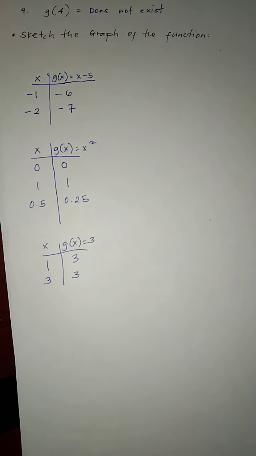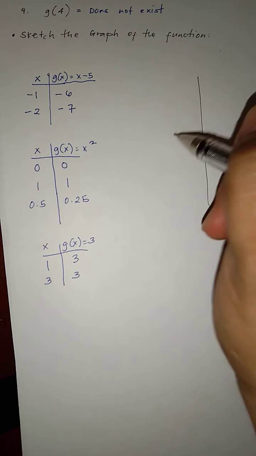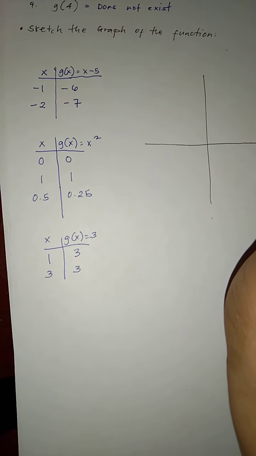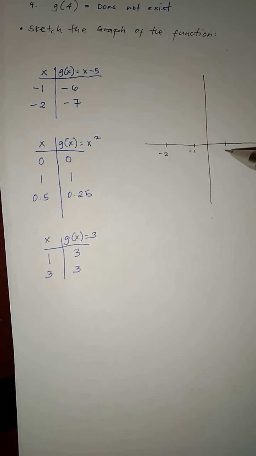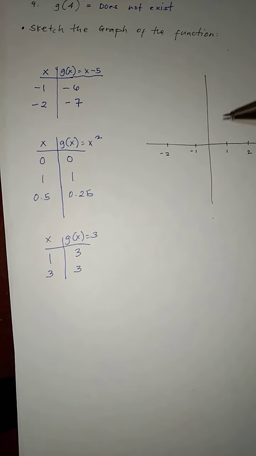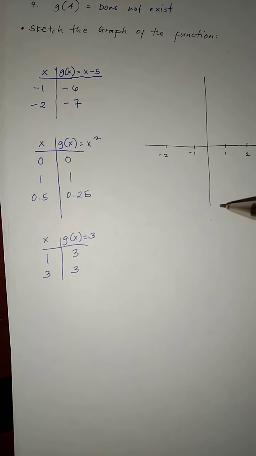Okay. So let's start first with negative 1, negative 2. So that is what is written on our graph. Then you have 1, 2, and 3. Then we extend to negative 6, negative 7. So extend natin.